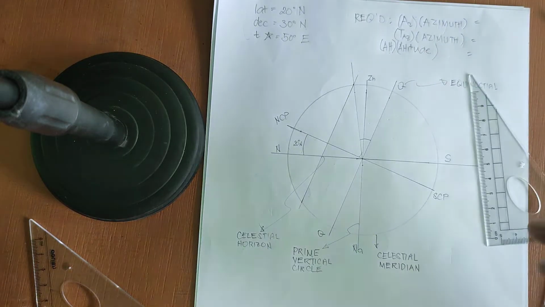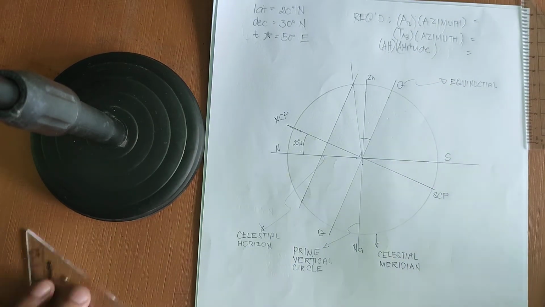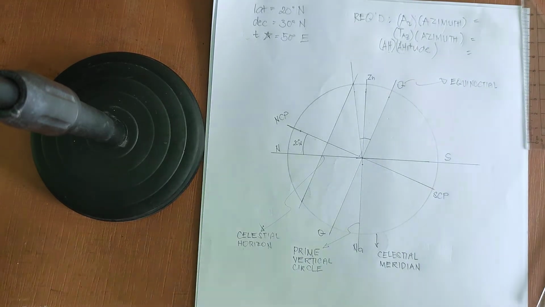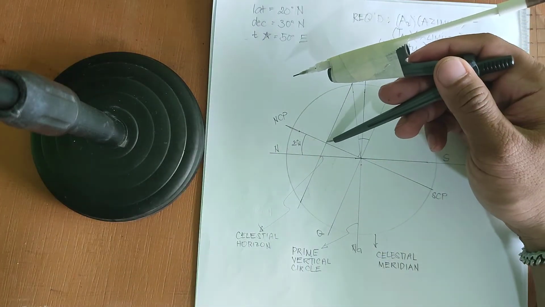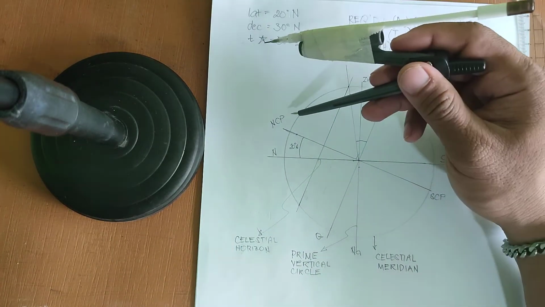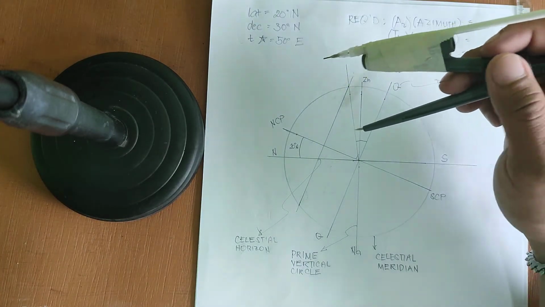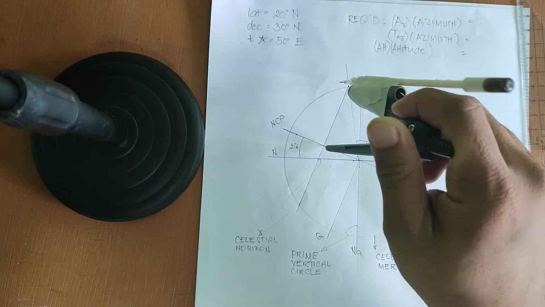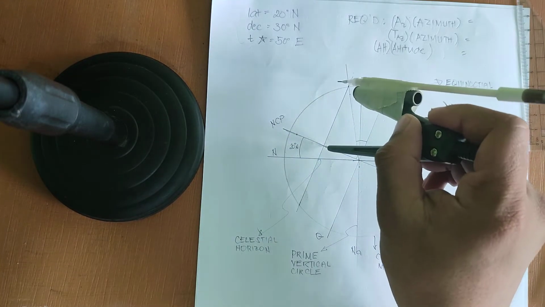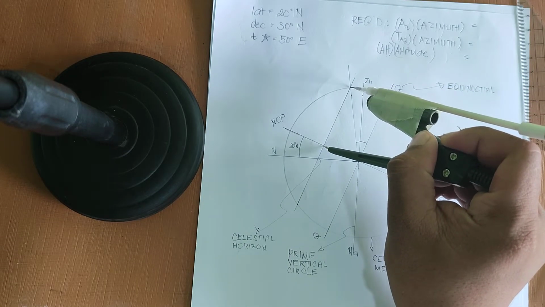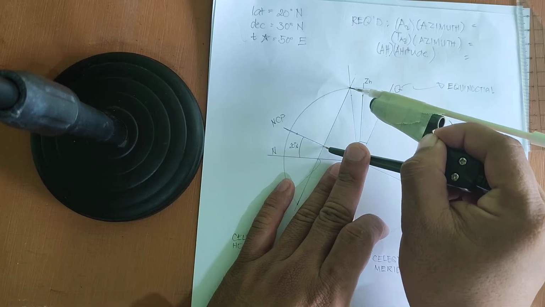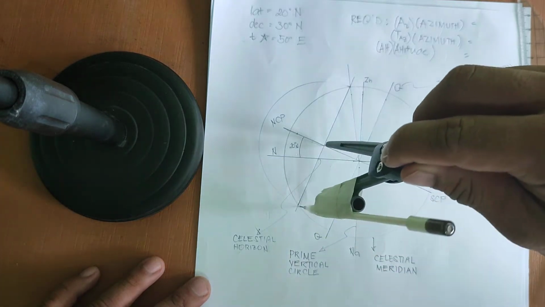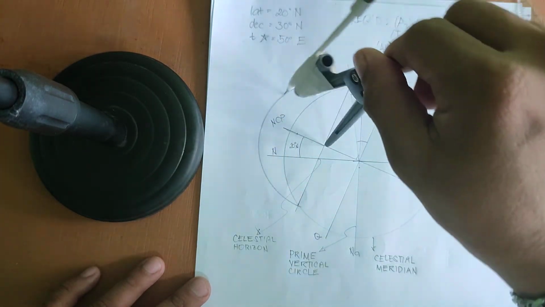Parallel to the equinoctial. Okay? After that, I will make a semicircle with this center, the intersection of your parallel of declination and the north and south celestial pole axis. With this radius, I will make a semicircle. Okay?